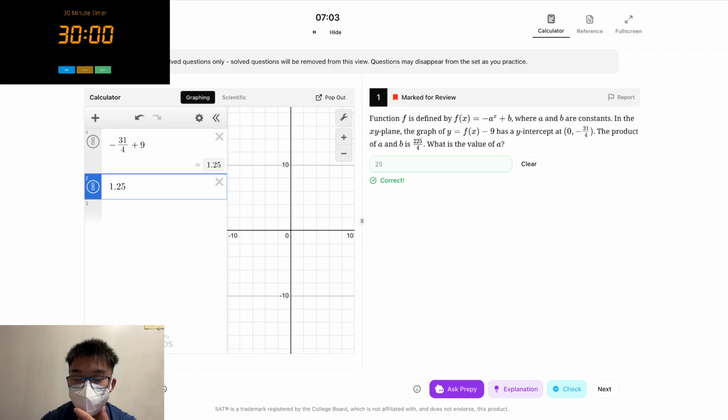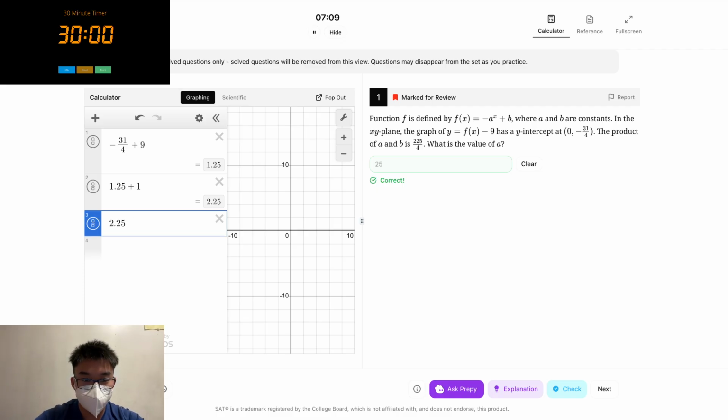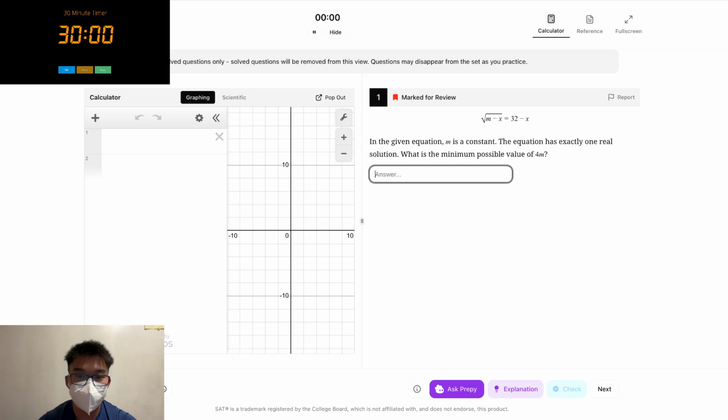Then you get 22.5 divided by 4, and then you have all that divided by 2.25, and you get 25 right here, because you're trying to get the product of A and B. Let's go to the next.